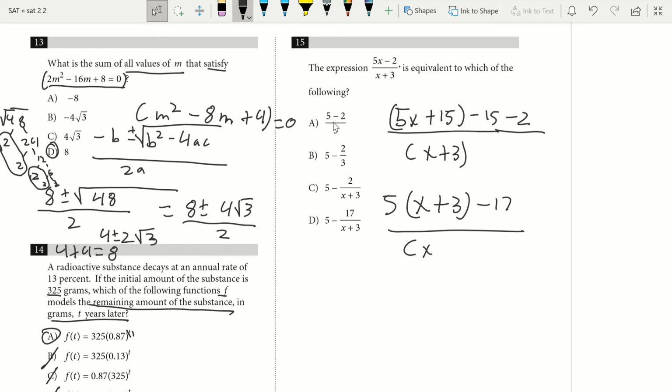The x plus 3 over x plus 3 will cancel, but not the 17. That x plus 3 still divides the 17. So we end with 5, a whole number because x plus 3 over x plus 3 cancels, minus 17 over x plus 3. That'll be our answer, and that will be D.